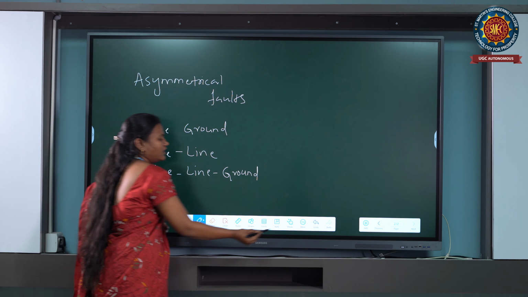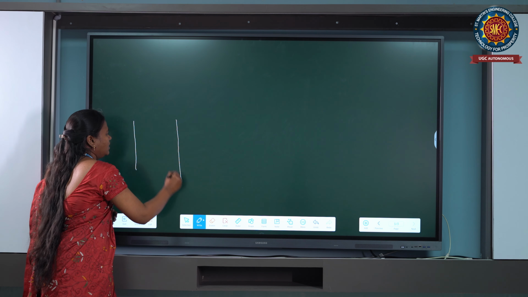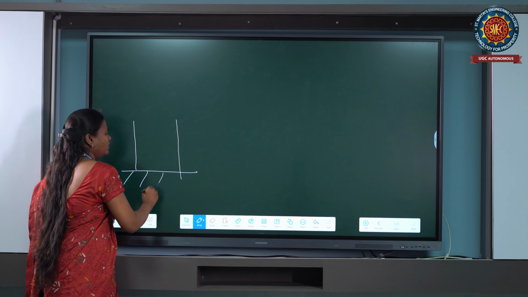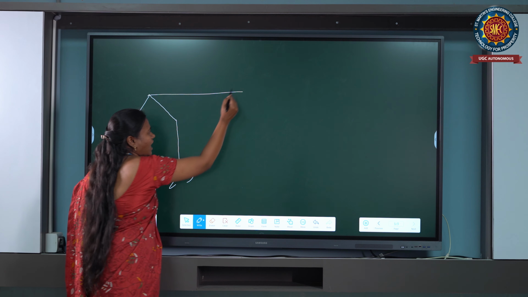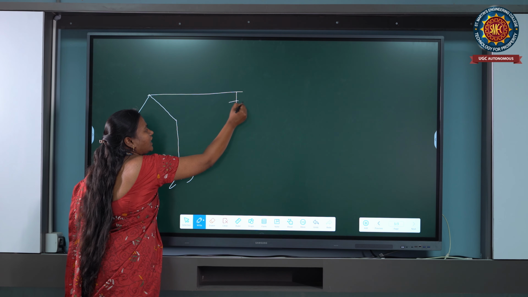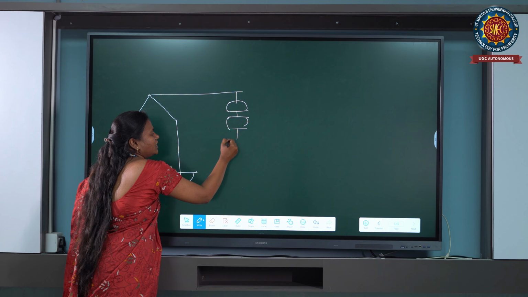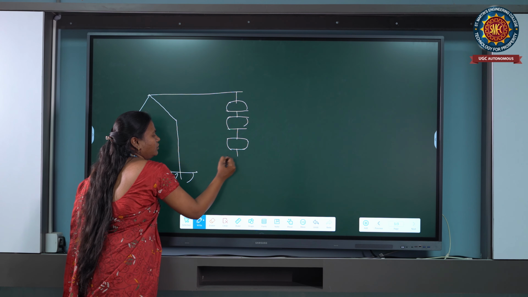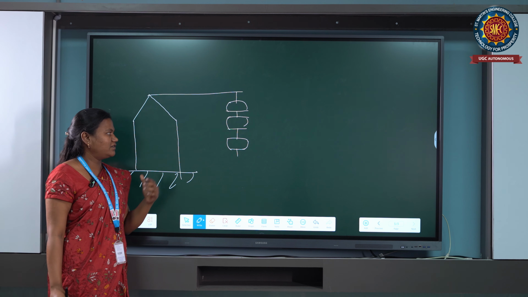For this I want to consider one tower. This tower has a cross arm. At the end of the cross arm we connect a suspension type insulator disc. Insulation can also be used as protection when any over voltage or over current occurs.